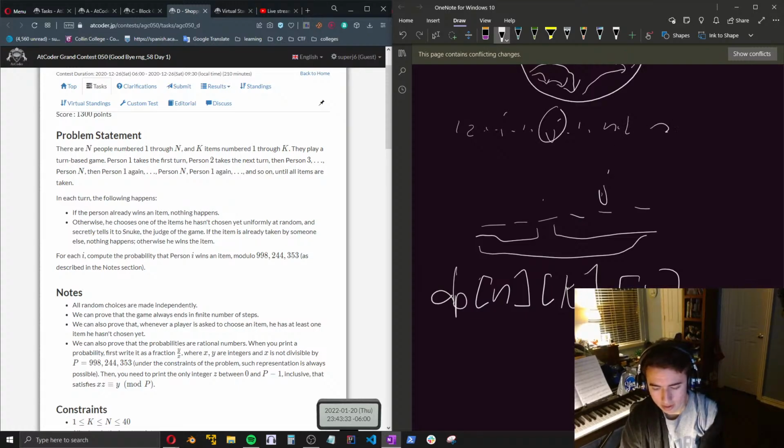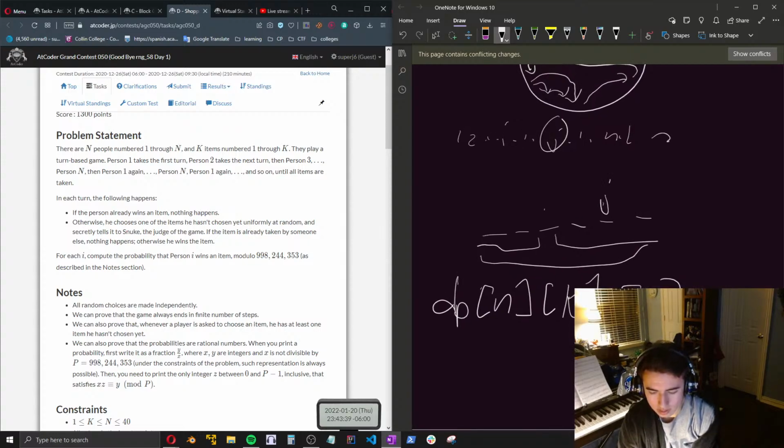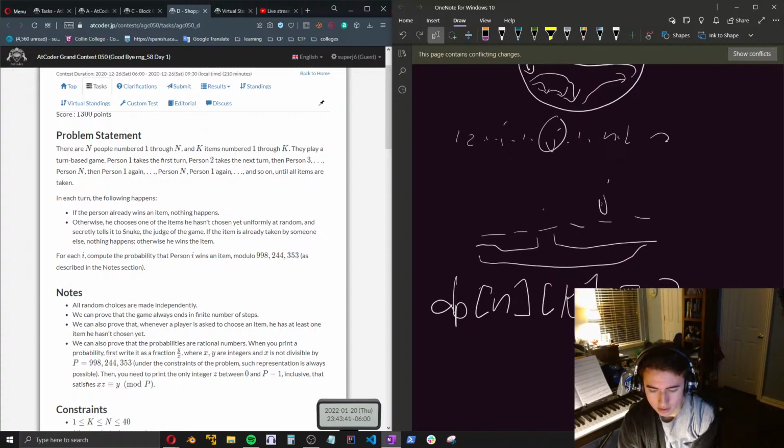Person J gets a gift. Then you're basically doing DP where the starting value is here. Your index is rotated. Does that make sense? So you shift the index and do DP of k minus 1 and n, I rotated.